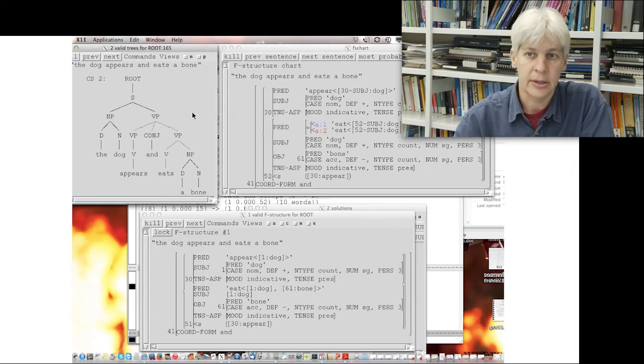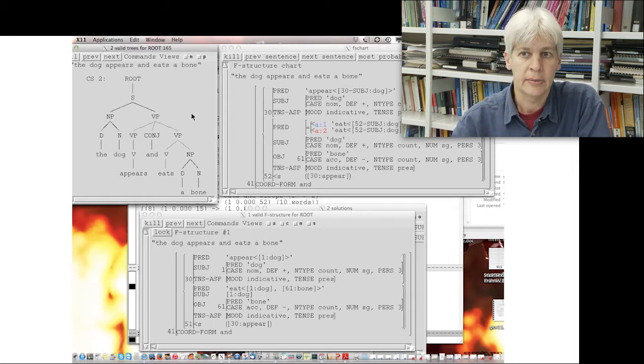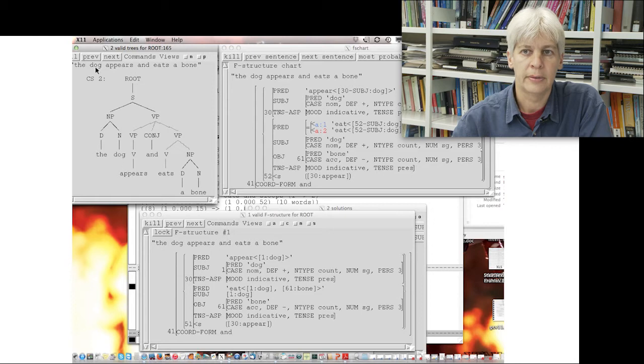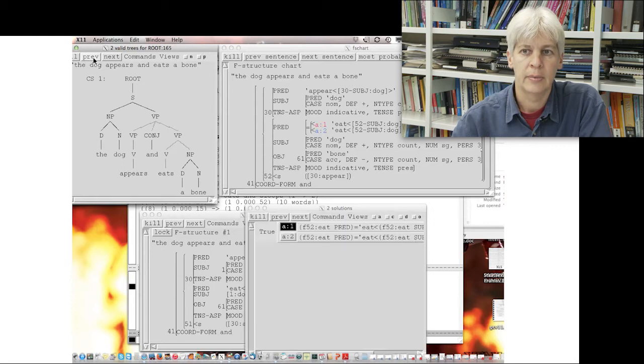Remember that I just talked about the morphological analyzer. We also integrated verbs, so maybe there's something going on with the verbs. Let's look at eats and see if there are any morphemes here. Show morphemes. There are no morphemes here. This seems to be a full verb entry coming out of the lexicon. We can look at the previous tree and say show morphemes.